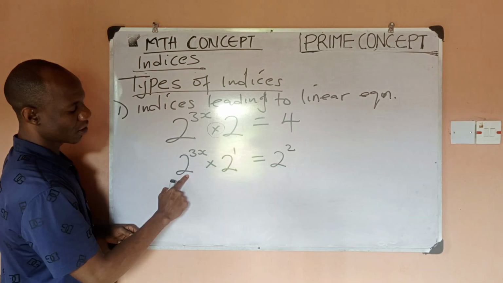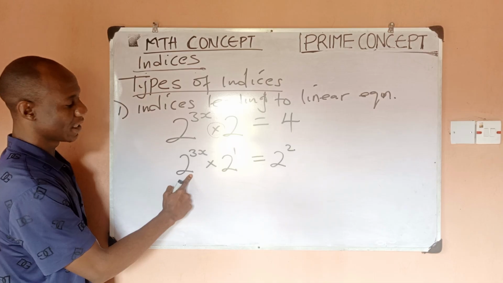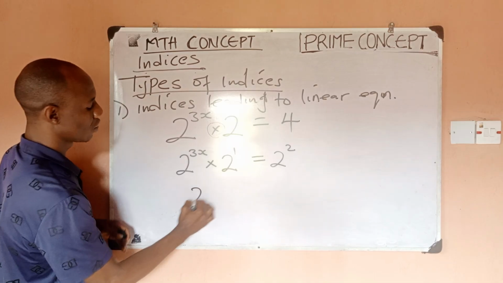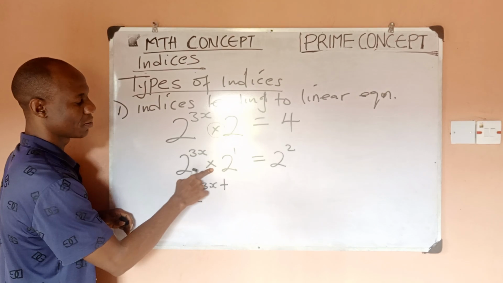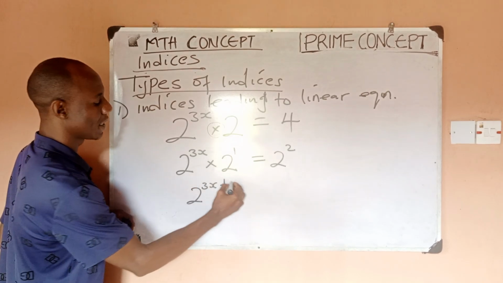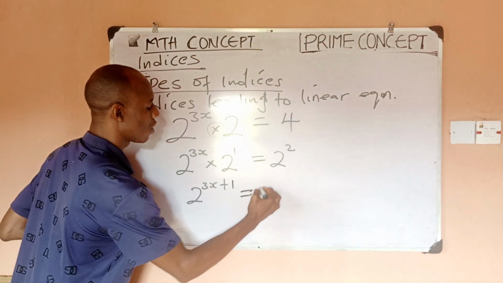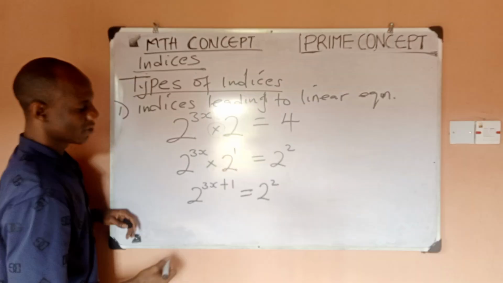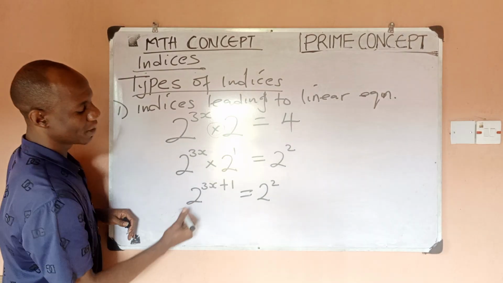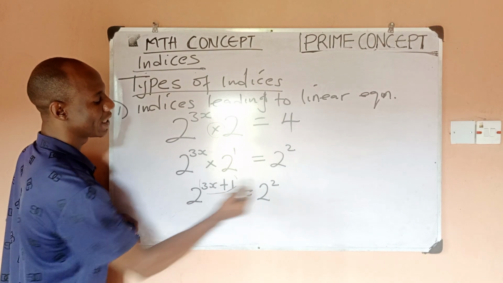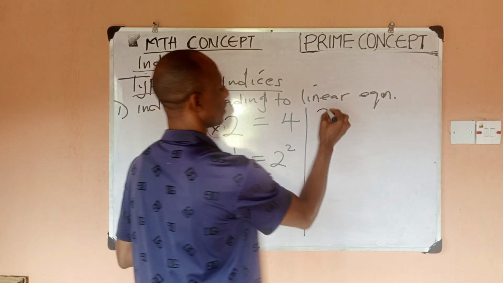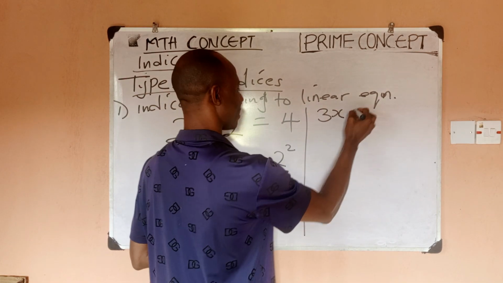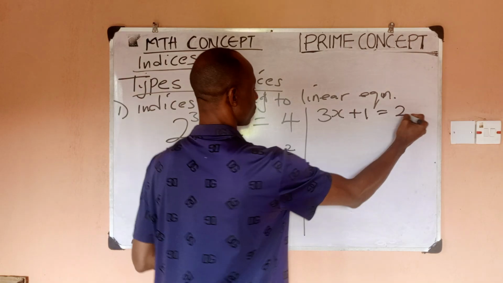Because these bases are the same, we can say 2 raised to power 3x plus, since you have multiplication, you add the powers, plus 1 equals 2 raised to power 2. Now since I have common bases, I can equate my powers. So I would have 3x plus 1 equals 2.